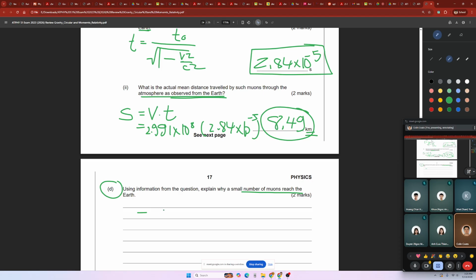The mean lifetime is longer as observed from Earth.